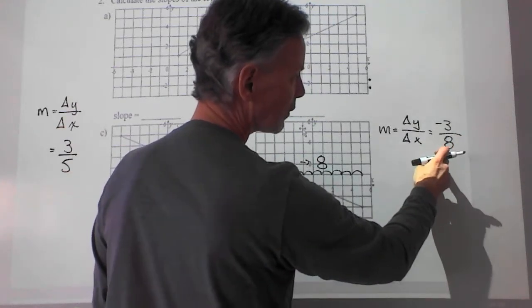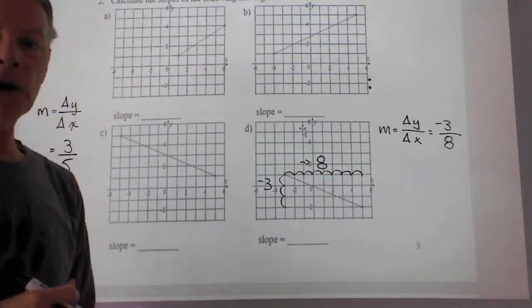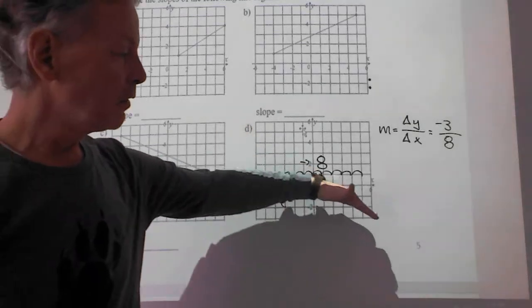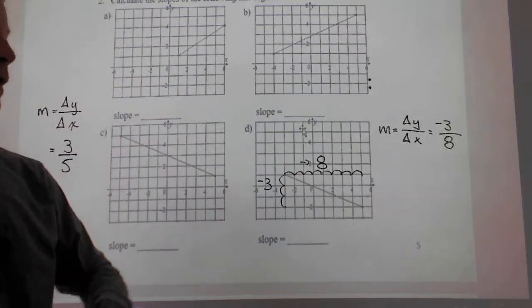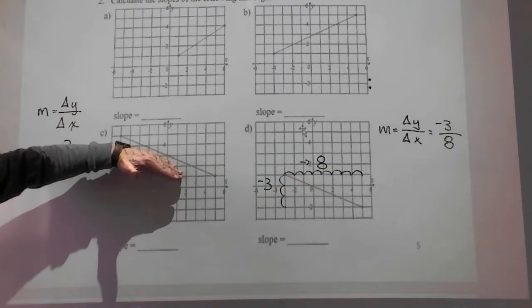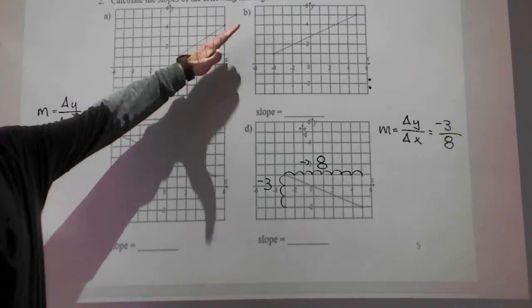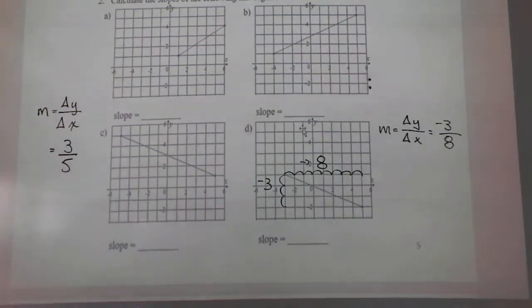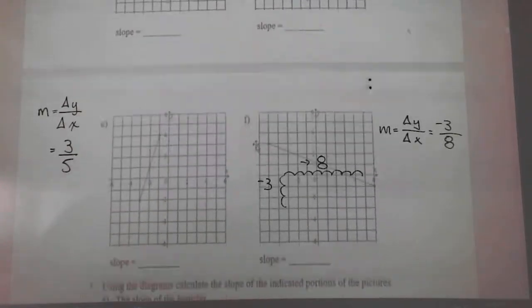And we end up with a slope that's a negative number. Well, that should make sense because you can see your line is going down to the right. So this is a negative slope. This is another negative slope. This one will be positive, as well as this one. Okay? Let's move on.